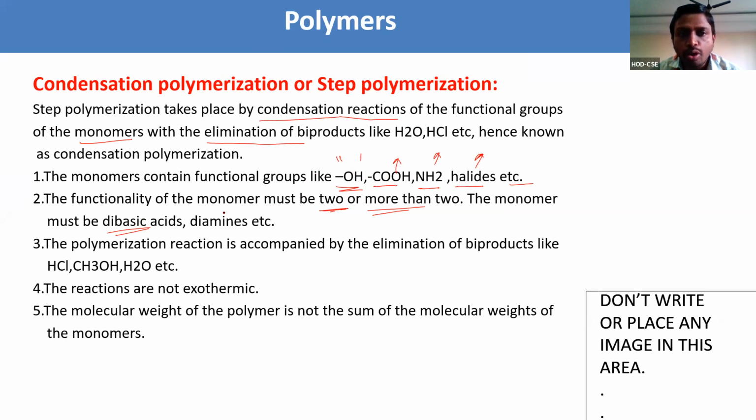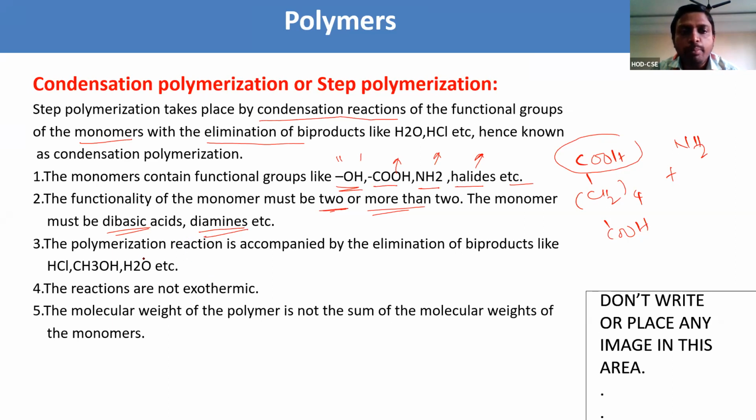For example, adipic acid contains 2 acid groups, COOH, CH2 taken 4 times and COOH. It is a dibasic acid, and hexamethylene diamine contains 2 amine groups. The meaning of this is that the monomer must be a dibasic acid or diamine, etc.